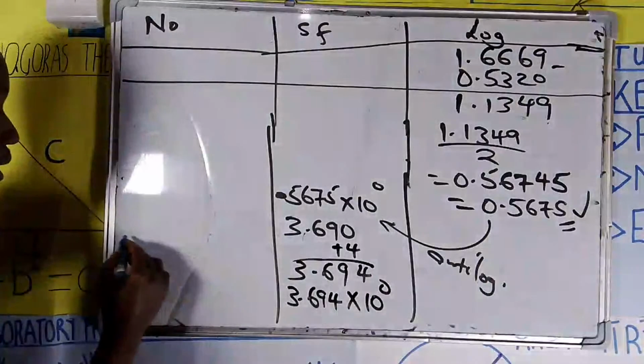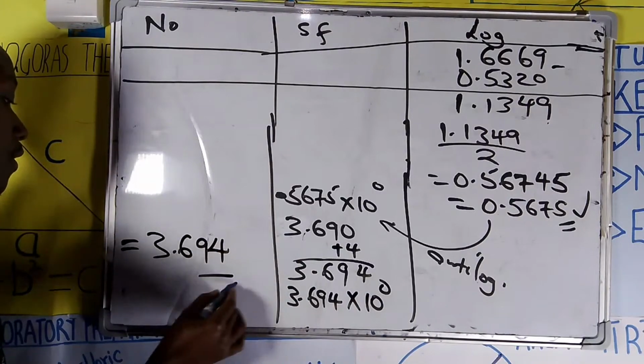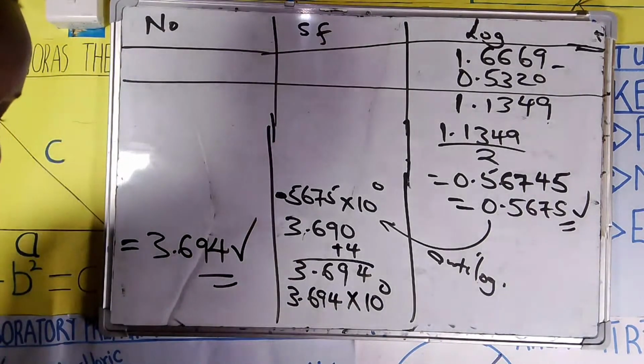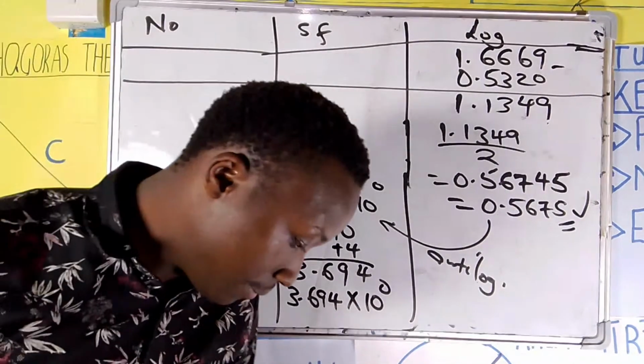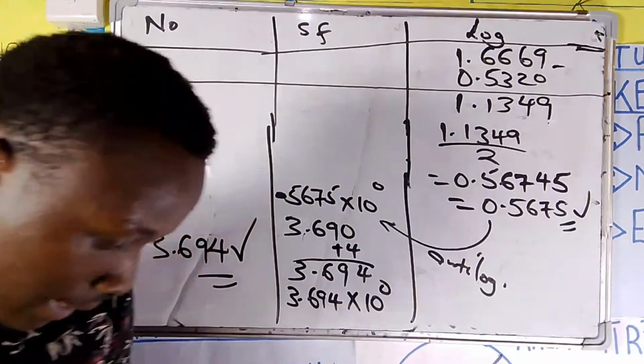So that answer will remain as 3.694. And we are done.